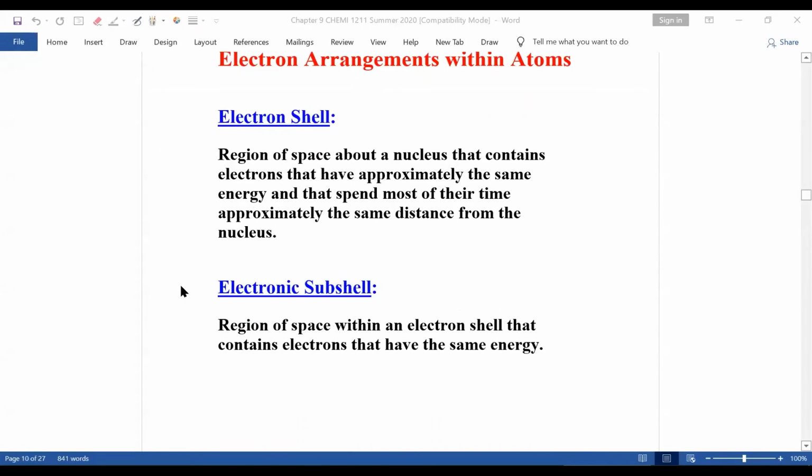Now, each electron shell has subshells, and these are regions of space within an electron shell that contain electrons that have the same identical energy and are essentially the same distance from the nucleus. A shell has subshells.